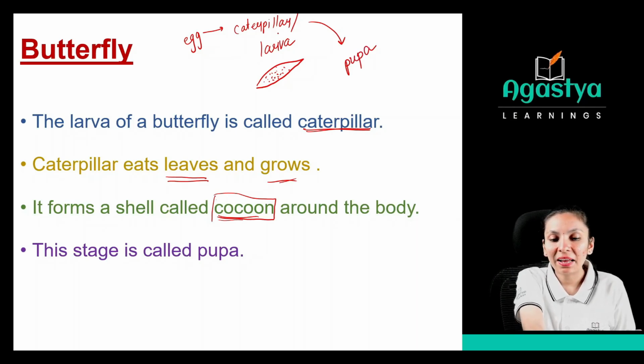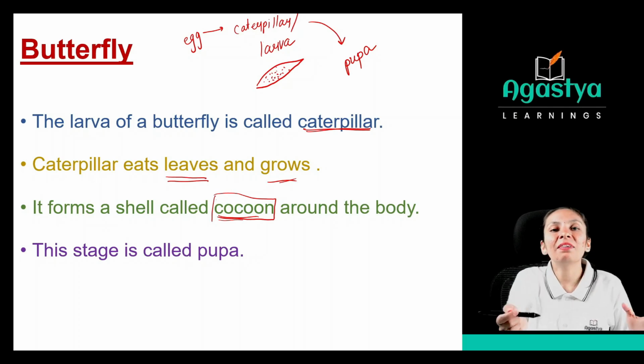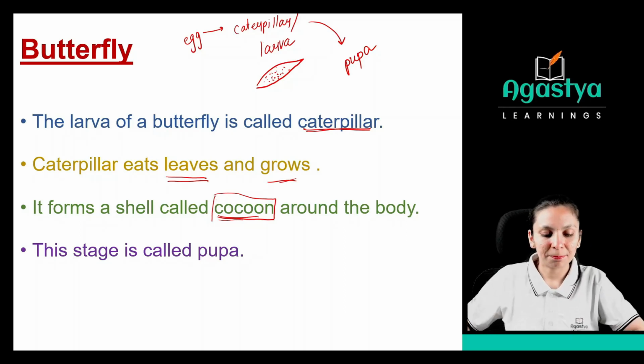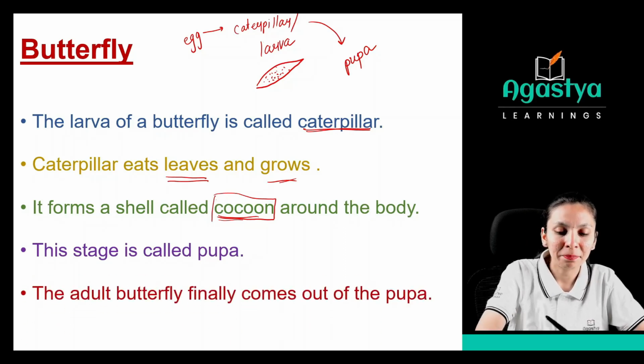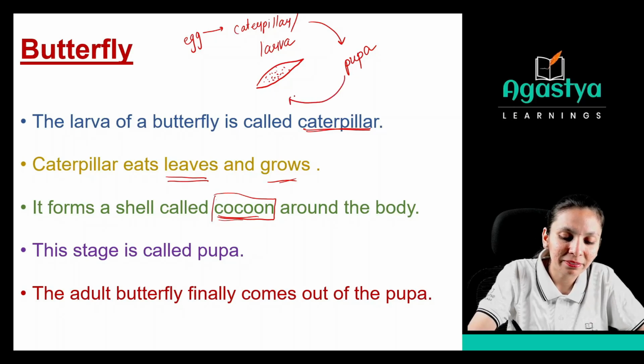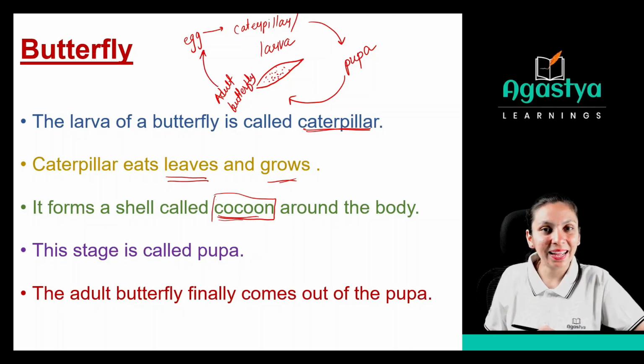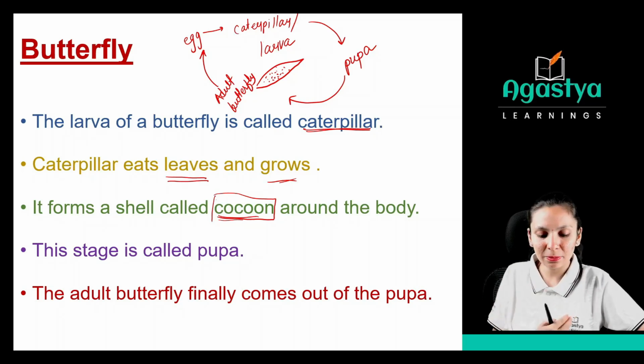So from the egg, we have the caterpillar, or you can say the larva. From this caterpillar, it will form a shell around itself, and that is called the pupa stage. And from this pupa, the adult butterfly will come out, right? And this adult butterfly again lays eggs and will go through the same stages.